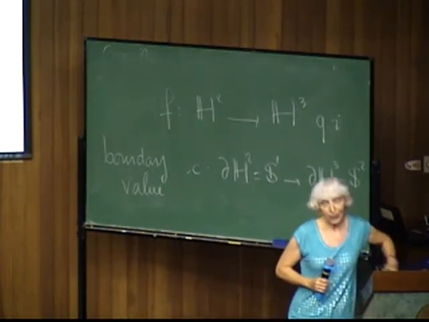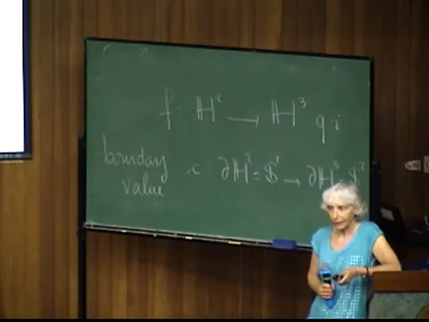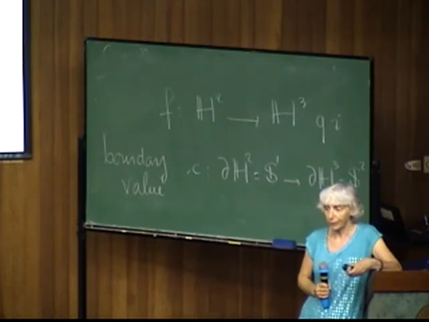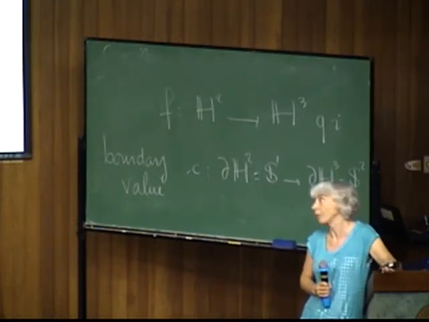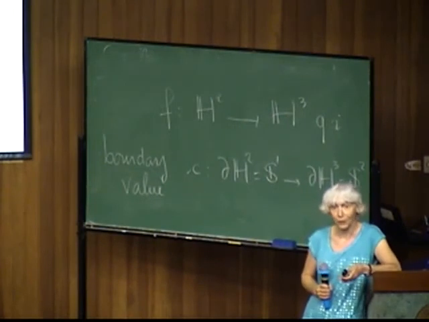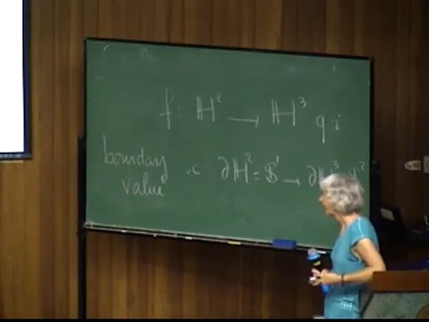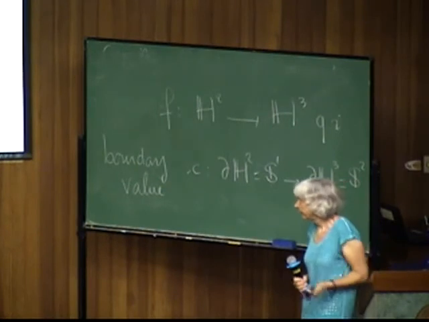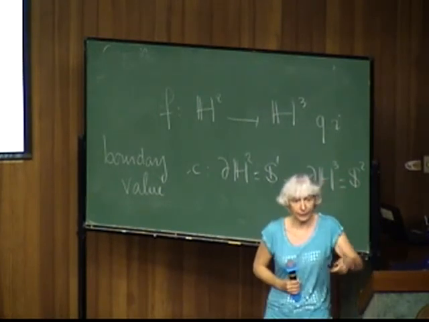And so a special instance of our theorem is that any quasi-circle is the boundary map of a unique harmonic map from H2 to H3. Okay? So this is only our theorem again.